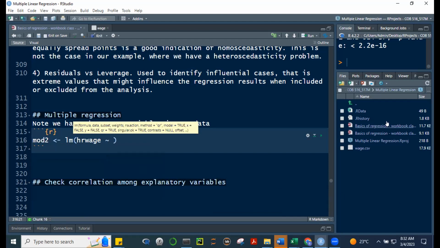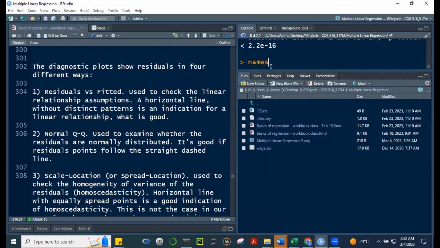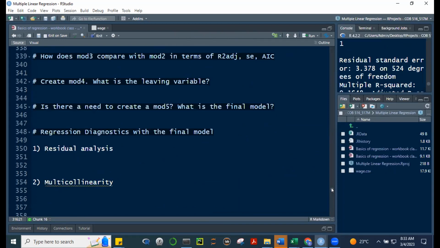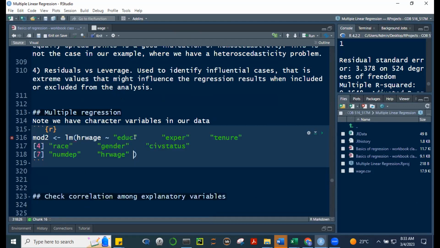So we'll be needing the names of wage. Let me just copy this so that delete na lang ako, Control C. All right, Control V.